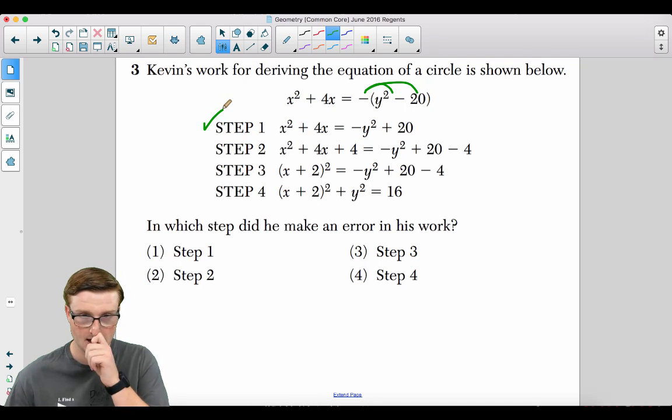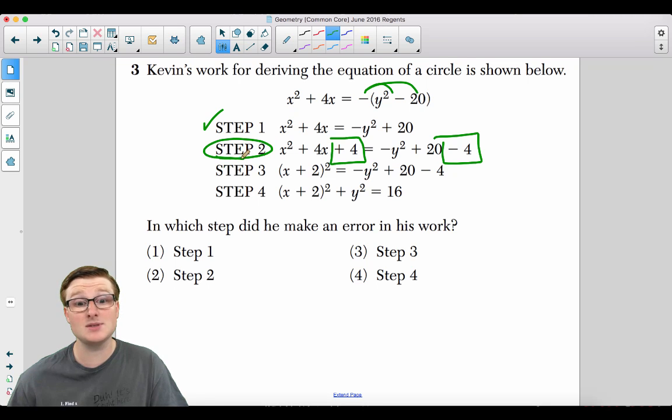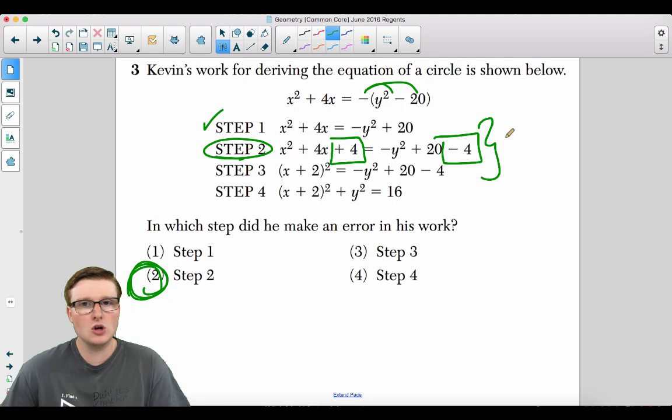So that's good. Step 2 shows that he decided to add a 4 on the left, but then he subtracted the 4 on the right. Huh? That's his error. Step 2. Step 2 is going to be choice 2. That's the answer, because he broke the golden rule of algebra. What you do to one side of an equation, you must do to the other.